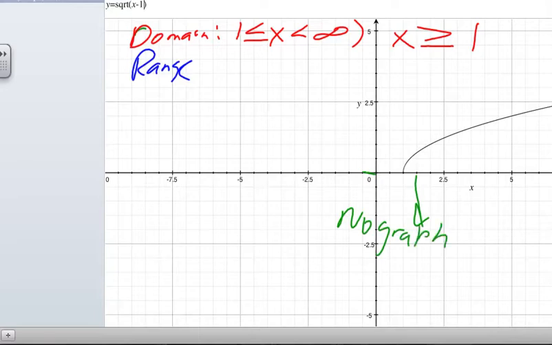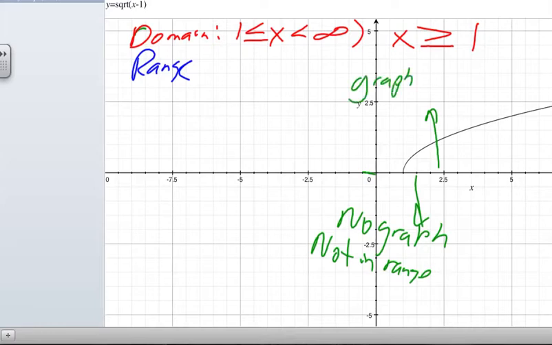For negative y values, no graph, not in range. Here I've got a graph. Forever, it keeps going. So that's all in range.